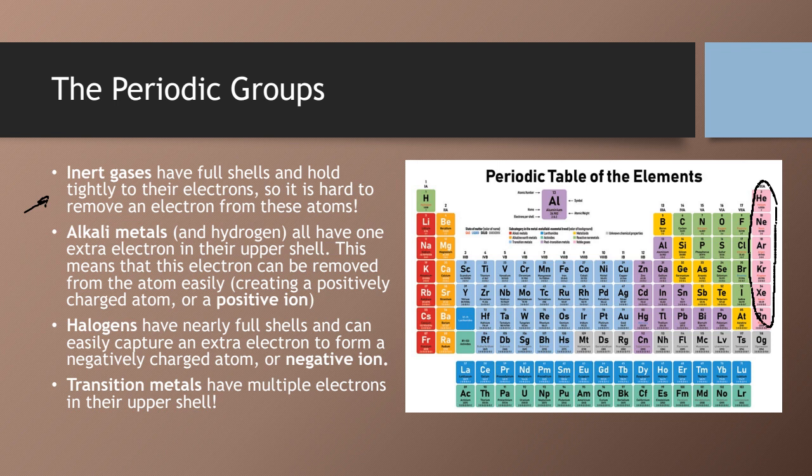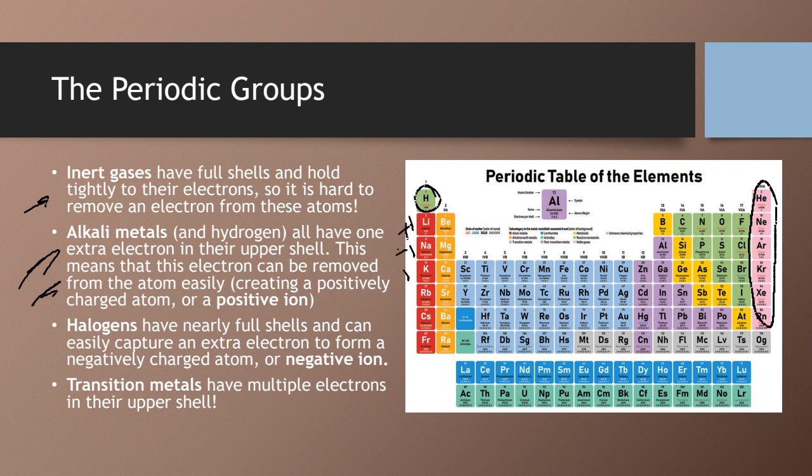Alkali metals, including hydrogen, they'll have that 1 extra electron. Hydrogen is just 1 proton and 1 electron. If that electron can get easily removed, then you wind up with a positively charged ion. It's lost an electron. All of these can have a charge of +1 very easily.